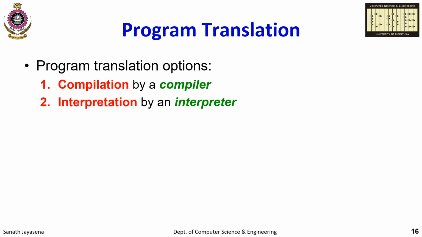What is the second option for the human translator? The human translator can take from person A's message maybe the first sentence or the first statement, translate that and tell it to person B. And after that, the translator will look at the second statement or sentence from person A, translate that and give it to person B, like a statement by statement translation.